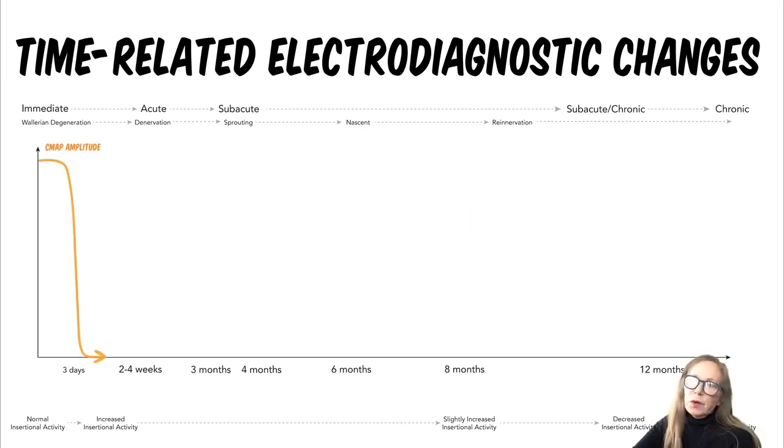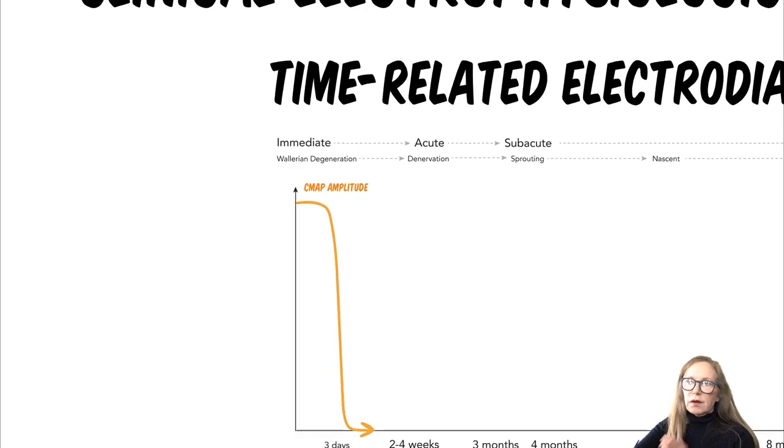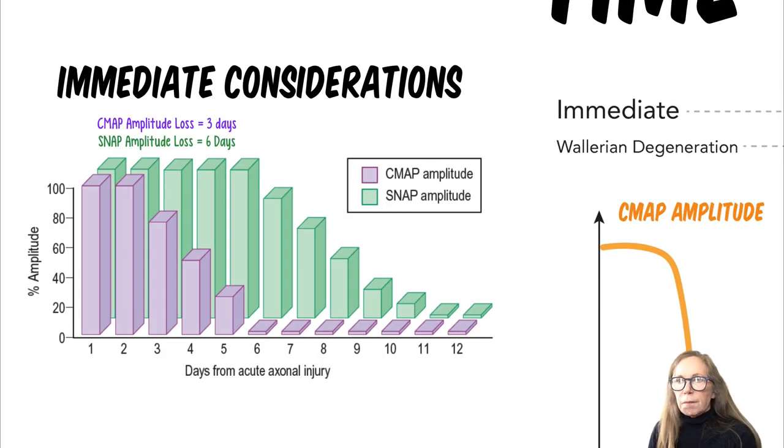So the first thing we would see is the CMAP amplitude would drop. And this is something that I think we're all familiar with, that the CMAP or SNAPs will drop, but in the first 3 days, there is still transmitter in the distal nerve, so you can stimulate the distal nerve and you will get a response.